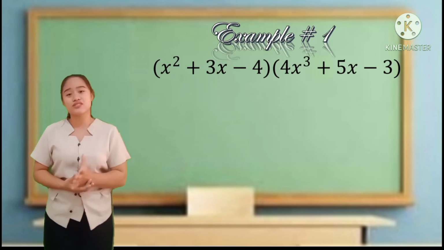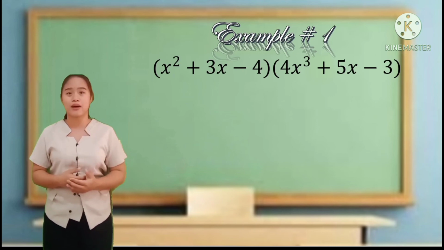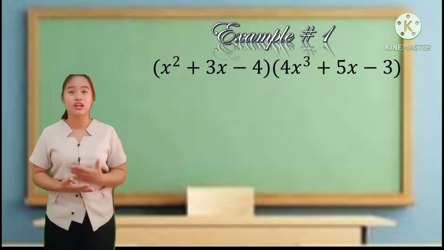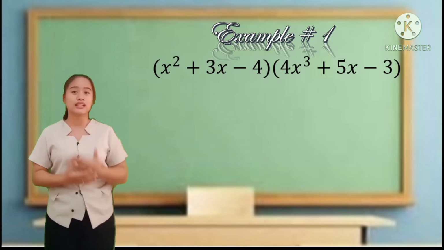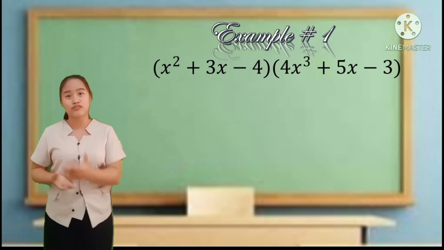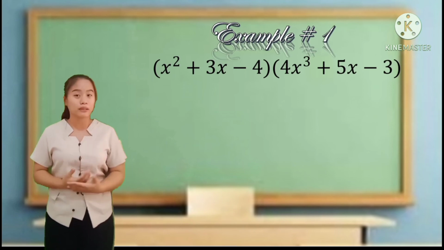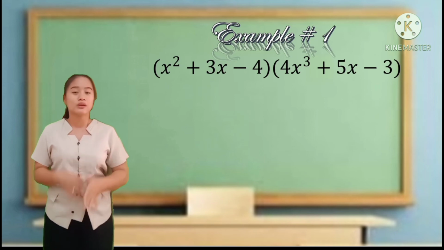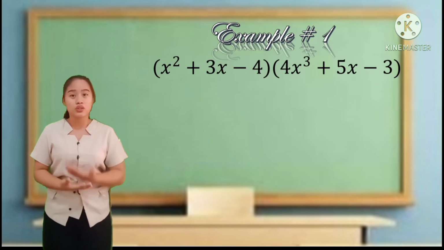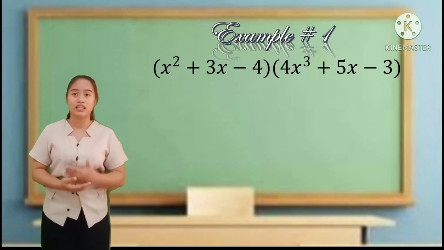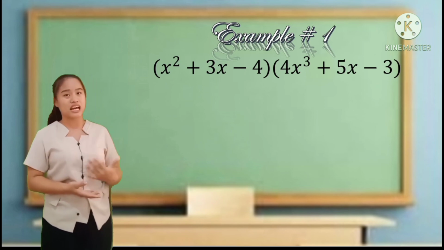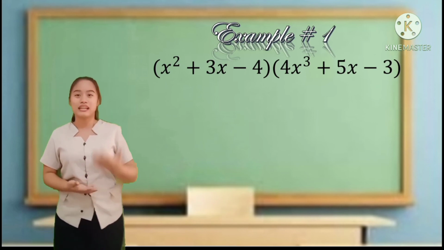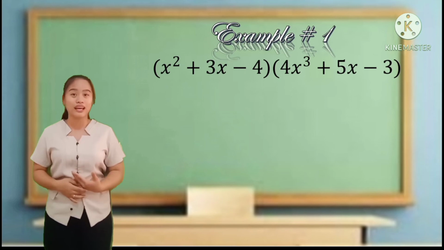This is very time consuming, class, because it has a very long solution. That's why I will just give you one example of multiplying trinomials. But don't worry, class, we will just use the distributive property, and if you understand our past discussion, you can solve this even without my example.